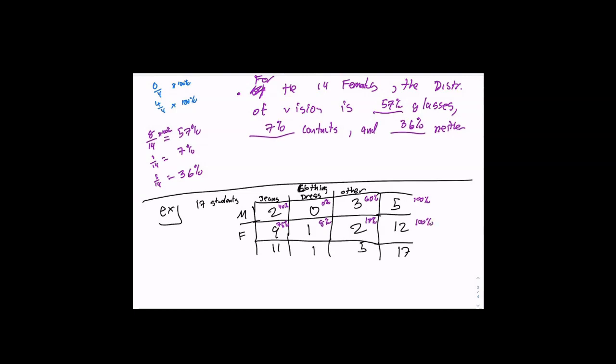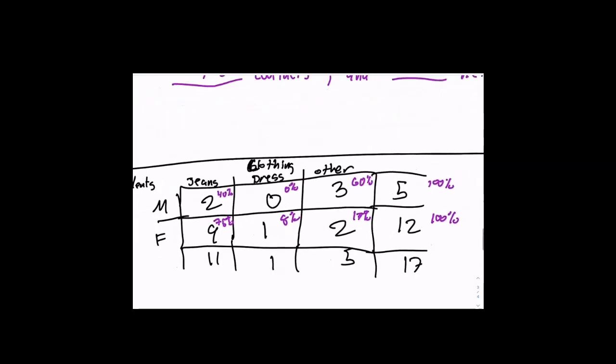Now, these tables are sometimes given to you with those numbers in purple, and I know I wrote them a little bit smaller, but sometimes you're given those ones. We would refer to these as row percentages. These break down clothing for each of the genders.